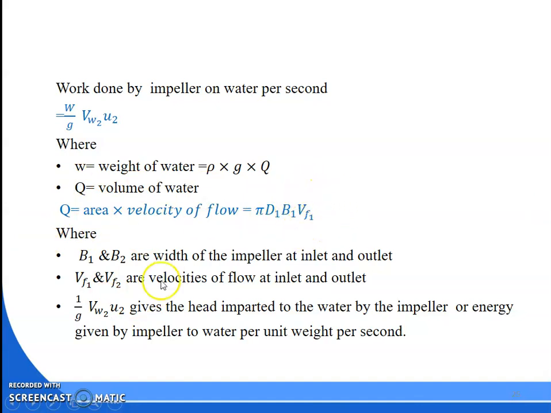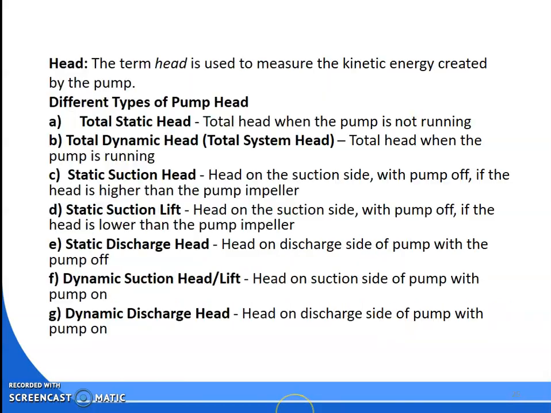Here b1 and b2 are the width of the impeller, so you can say pi d2 b2 Vf2. b1 and b2 are the width of the impeller at inlet and outlet, and Vf1 and Vf2 are the inlet and outlet flow velocities. 1/g Vw2 U2 gives the head imparted by the impeller, or the energy given by the impeller to the water per unit weight per second.